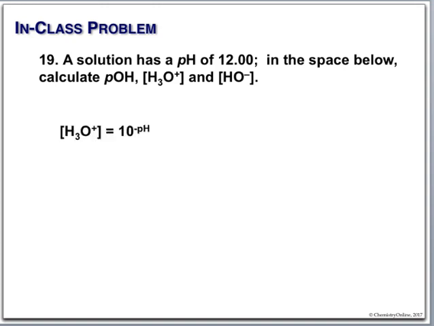Well, let's start off with hydronium. 10 to the minus pH is hydronium. That's already on our card. Now conveniently here, our pH is 12. So we can simply substitute 12 in here.